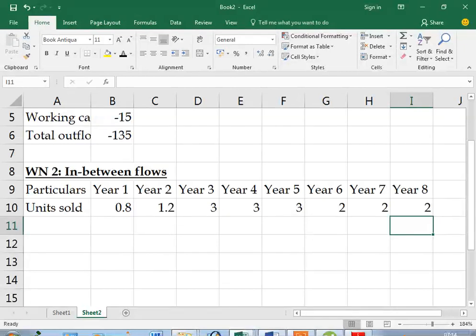I'm multiplying with 20%, 30%, 75% and 50%. Any doubts on the unit sold figure?